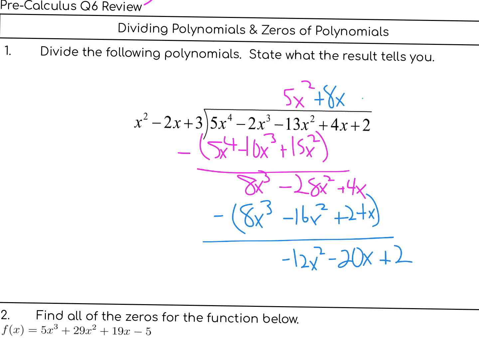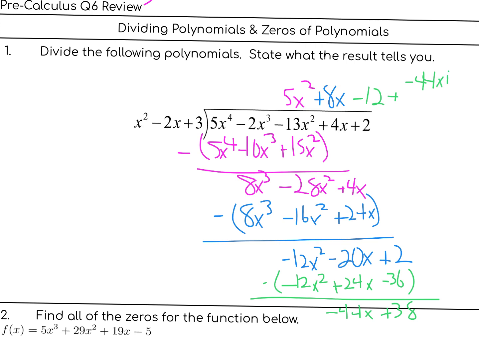And lastly, negative 12. Negative 12x squared, 24x, and negative 36. Subtract down. That's negative 44x plus 38, so the remainder is negative 44x plus 38 over x squared minus 2x plus 3.